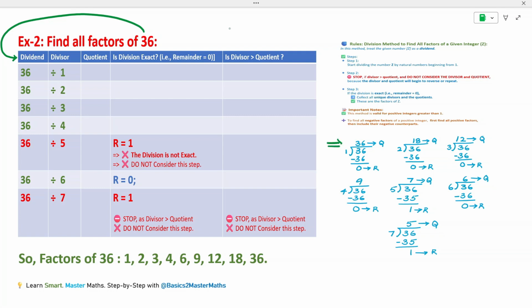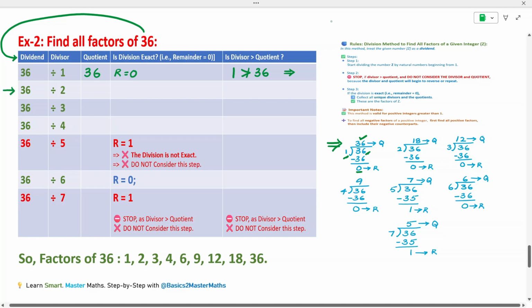Observe here, when we divide 36 by 1, we get 0 as the remainder and 36 as the quotient. Got it? In this case, the divisor is 1, which is not greater than the quotient 36. So, continue to the next step.